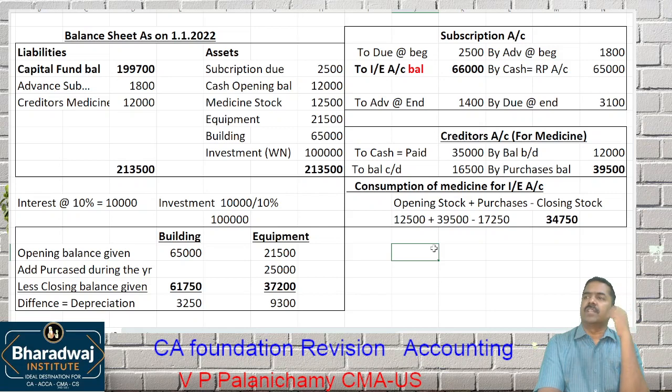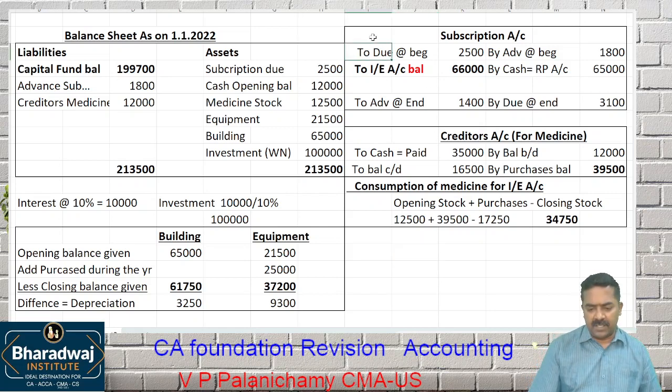Now you can start with the income and expenditure account. Credit side, what all will come? Subscription, donation, interest. Start with income and expenditure. Any doubt so far?